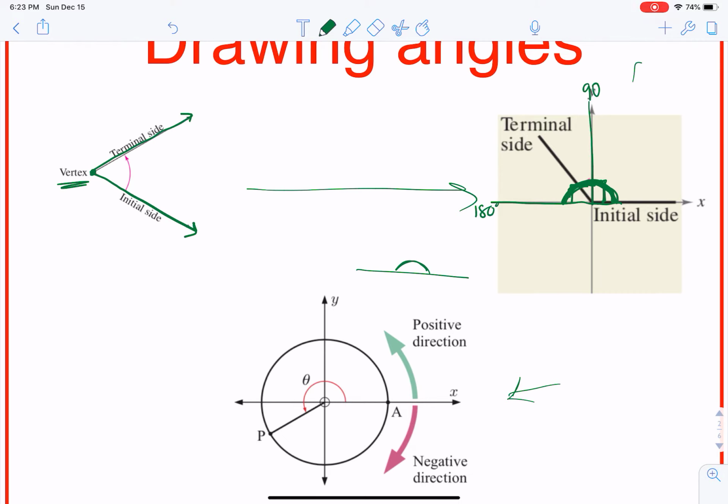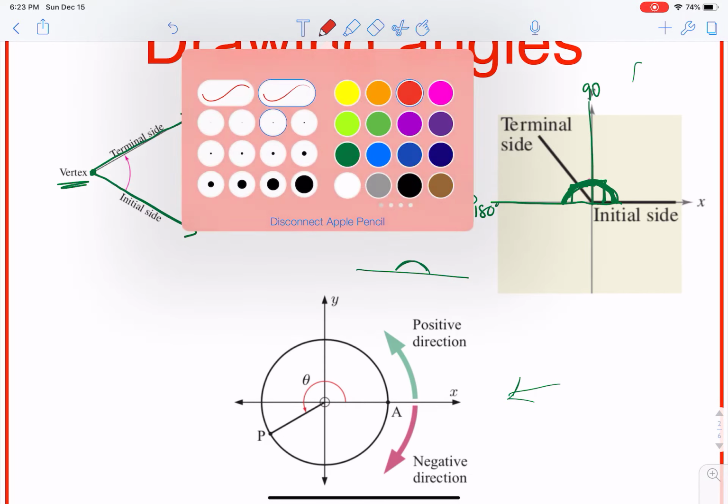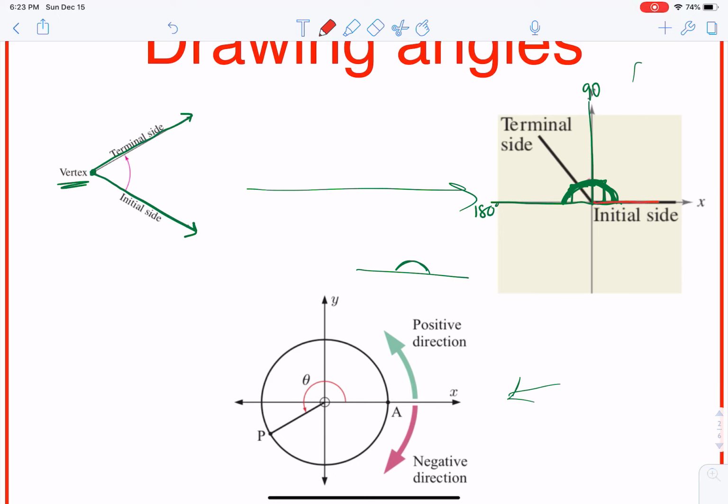Moving forward, let's come up with another color here. If this is my initial side and I'm coming all the way down here, that would be 90 degrees plus 90 degrees, which gives me 180, and I'm adding another 90 degrees, which gives me 270 degrees.